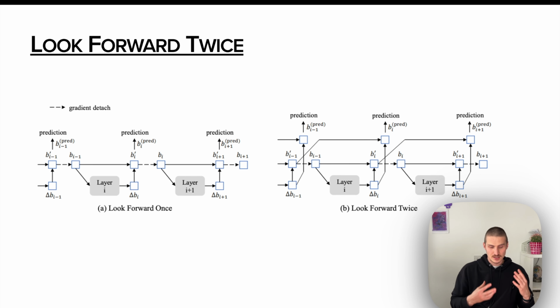And to deal with that, originally there was a scheme called look forward once, where you get the anchor, you pass that through a layer, the layer predicts the offset, the correction for the bounding box, and then that itself is connected to a loss. So after every layer, we connect the output to the loss, but then the gradient is detached.